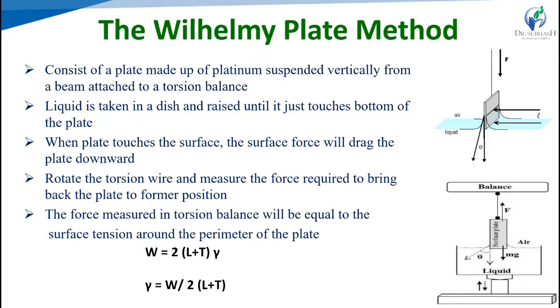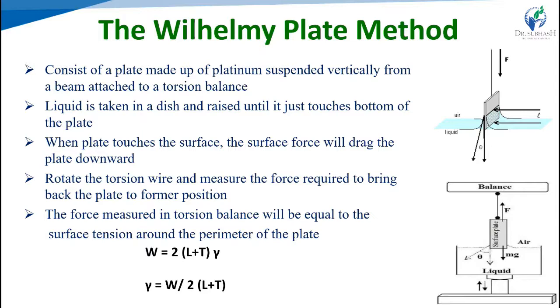If the liquid completely wets the plate, then the detachment force is equal to the surface tension multiplied by the perimeter of the surface detached. So the equation is W equal to 2(L plus T) into gamma, the surface tension.